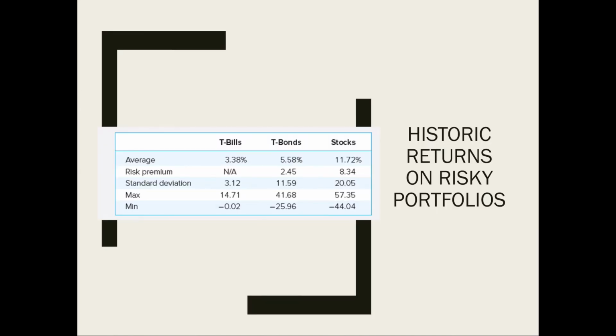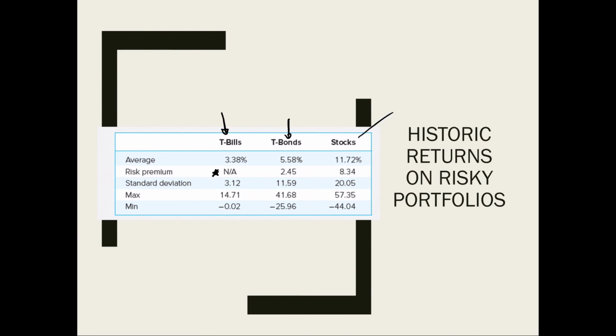Now, taking a look at some historic returns on risky portfolios, you have Treasury bills being your no risk investments. As you can see, we do not have a risk premium because these are your risk-free investment. You have Treasury bonds, which essentially are certain to be paid. However, since they are bonds, the prices would fluctuate as interest rates change, so they do impose some risk, primarily price risk.